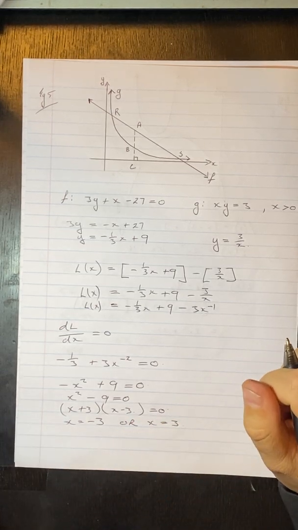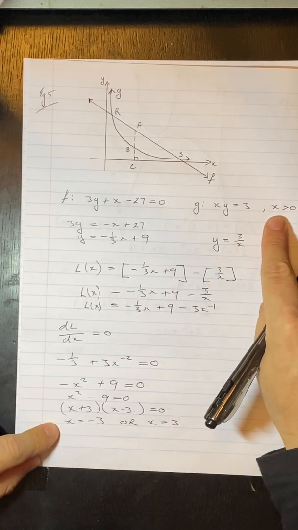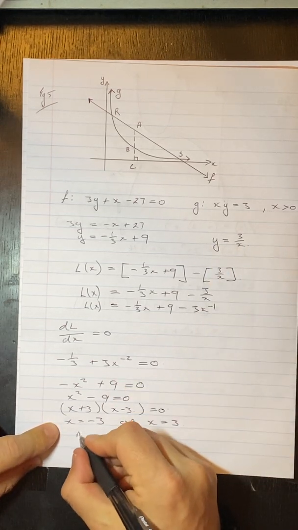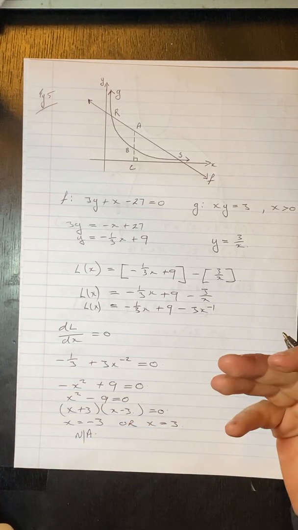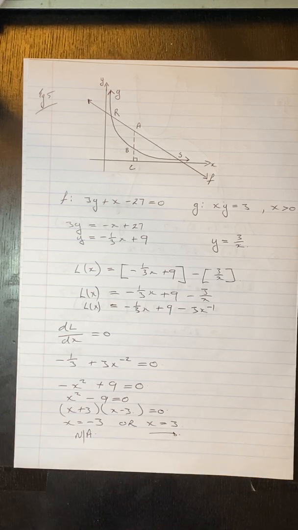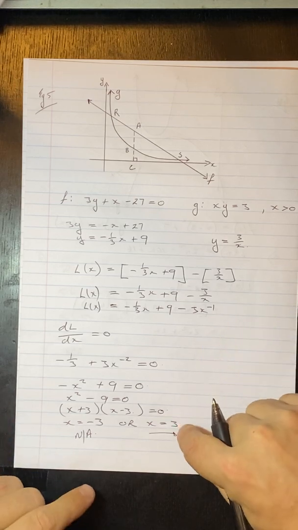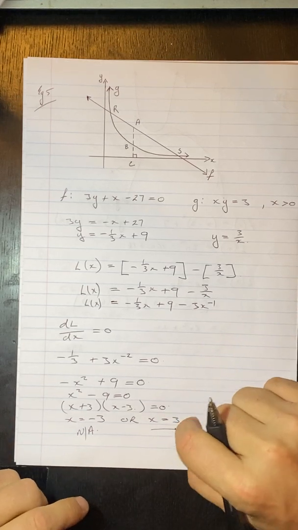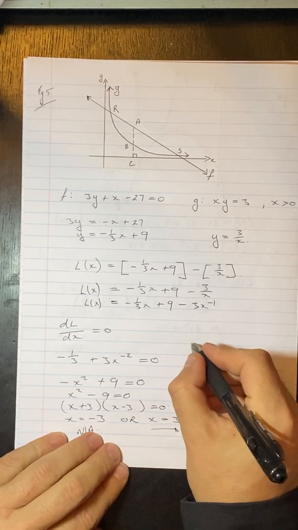Now, which one is it? We can't have this one because they told us right in the beginning that x is positive. So this one here is non-applicable. So the x value that we're looking at is this one over here. But they said determine the maximum length. So what we got here is the x value that will give us that maximum length. Now we just need to find it.